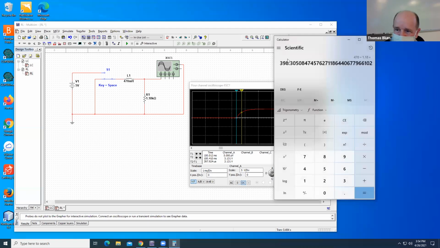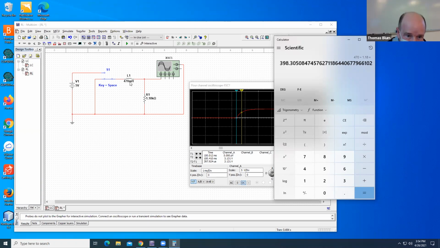And then what about my unit? I have millihenries, mH, divided by kiloohm. A henry divided by an ohm is a second. Milli is 10 to the minus 3. Kilo is 10 to the 3, but that one's in the denominator.